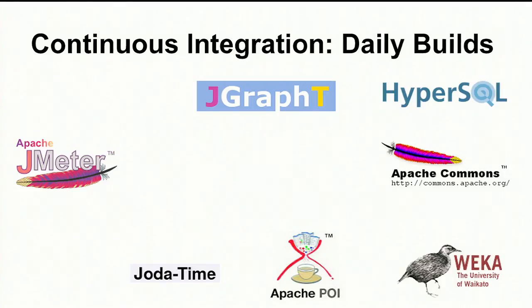I also went and looked for evidence that there was continuous integration, both on this slide in terms of daily builds and in terms of the test suite running daily. So most of these projects do have daily builds. 7 of them do in particular. Google Visualization does not seem to be actively developed, and it doesn't have daily builds, for instance. But most of them do have daily builds.